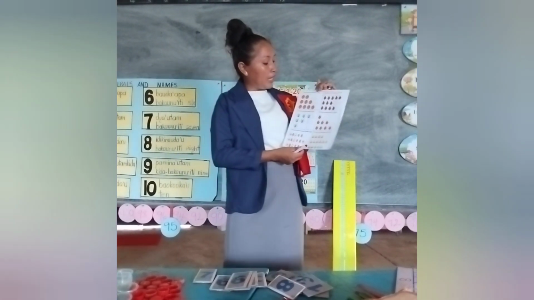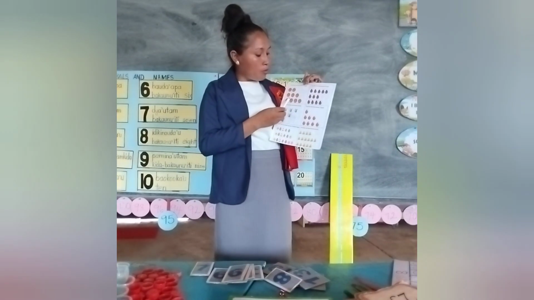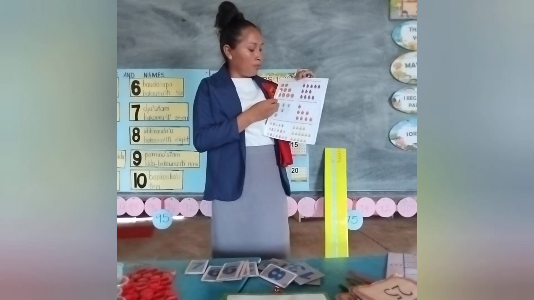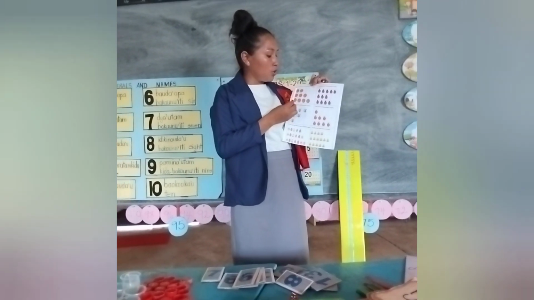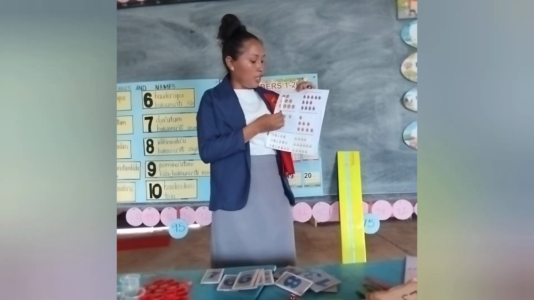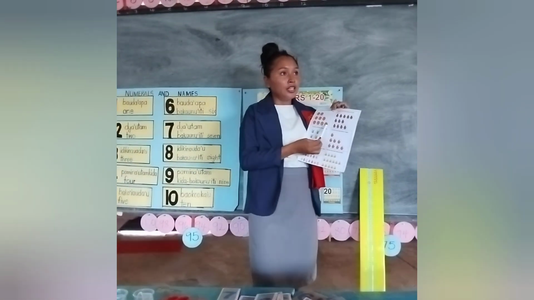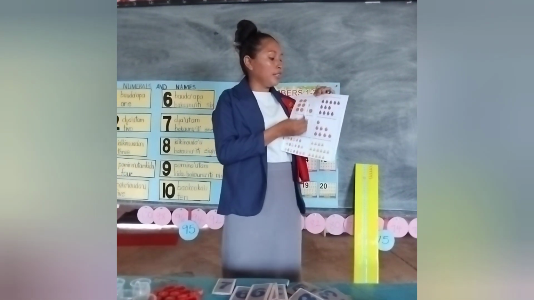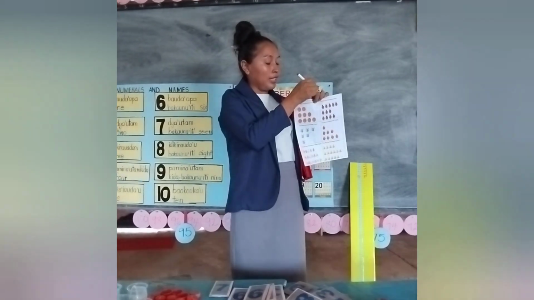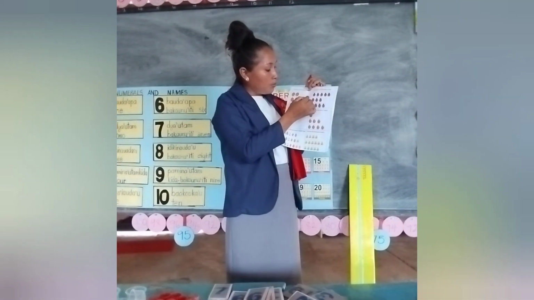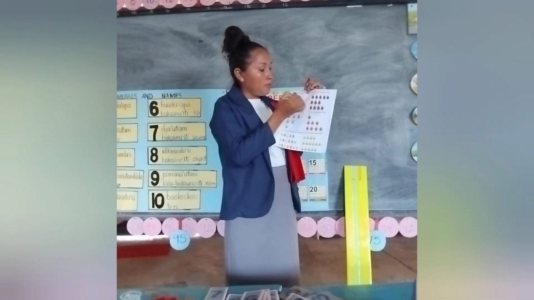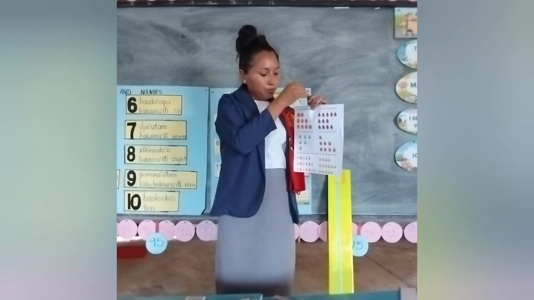For example, I can ask the child to count how many basketballs can you see in the picture, and the child will be counting 1, 2, 3, 4, 5, 6, 7, 8, 9. Now can you write numeral 9? Yes, I can write numeral 9. That is where the child will be able to write a number to match the quantity.